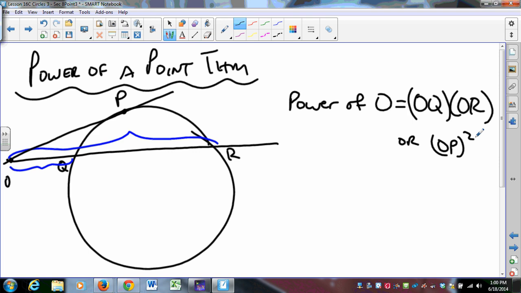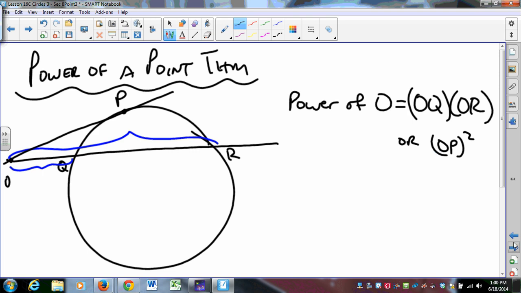What I will ask you to prove is that the power of a point is well defined. That is, no matter where I put O, and no matter how I draw the line, the power is the same.